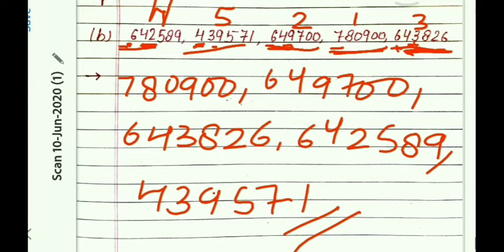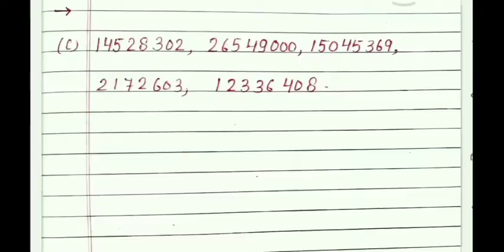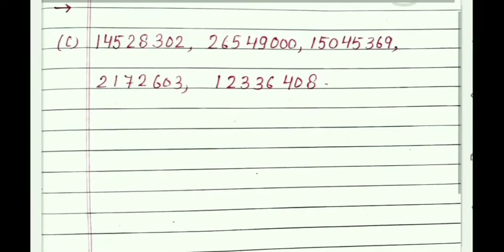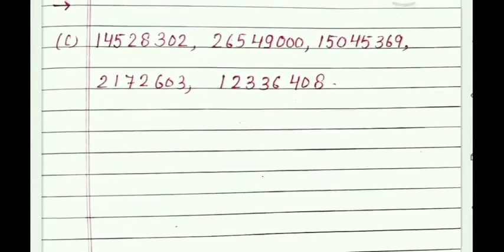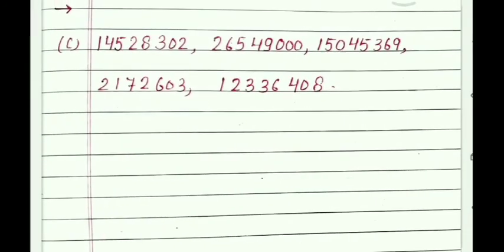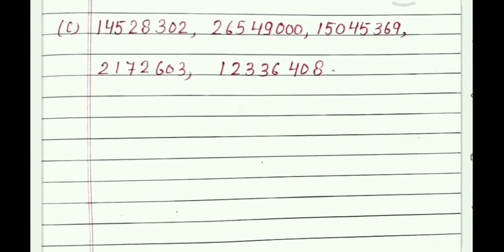Similarly, we will do the next C part also. So look at the C1 part. Firstly count the places, meaning every number has how many digits. The first number is 1,45,28,302.